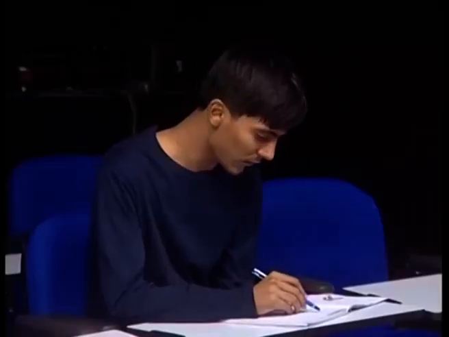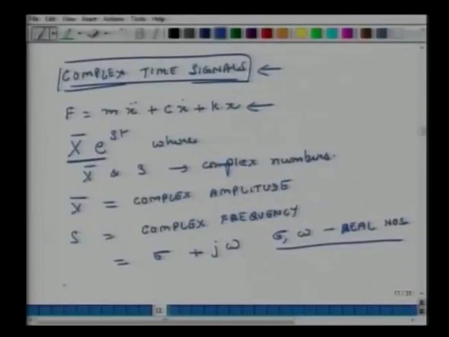So the time is in e^(st), basically this, and that is because it's a linear system. I am not using features of a linear system to talk about this, but I have assumed that x bar e^(st) is a complex time signal. It could be anything. I am not even saying right now it's a solution of this thing.